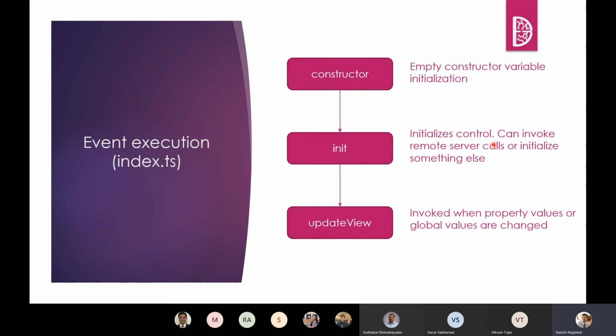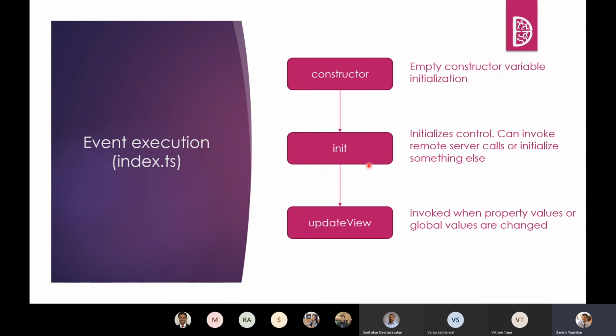When your control loads on a form, the event execution pipeline is very important to understand. When the control loads, the first thing that gets loaded is the constructor. Then comes the init method. The init method is where you would initialize all your controls.